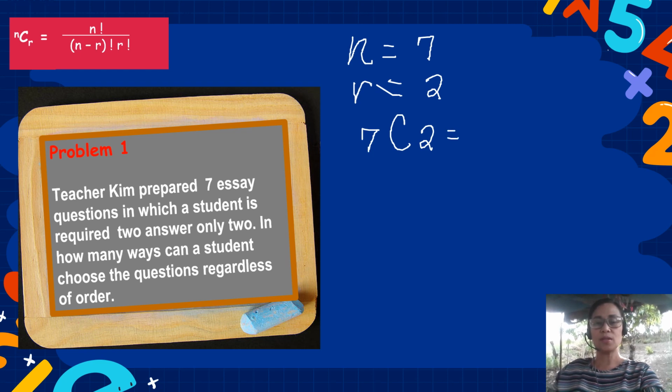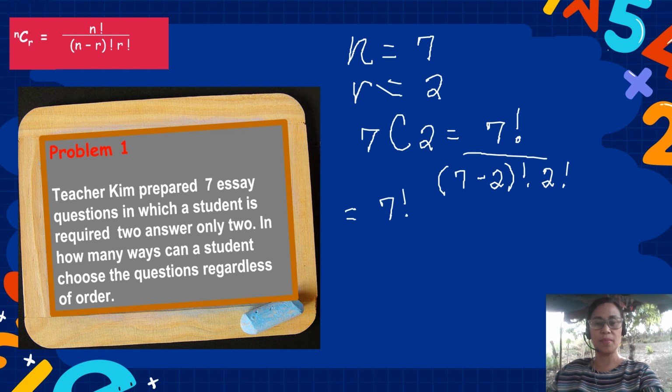Using the formula, that will be 7 factorial over 7 minus 2 factorial, then 2 factorial. So we have 7 factorial divided by 5 factorial multiplied by 2 factorial.